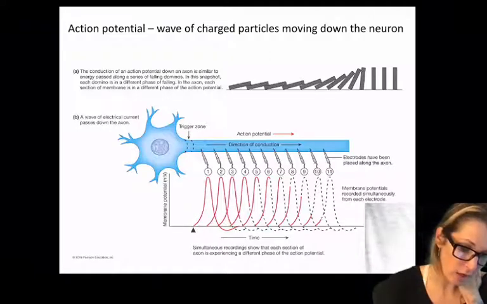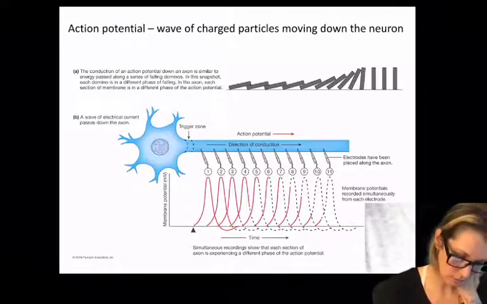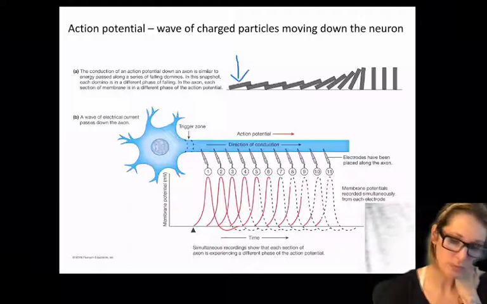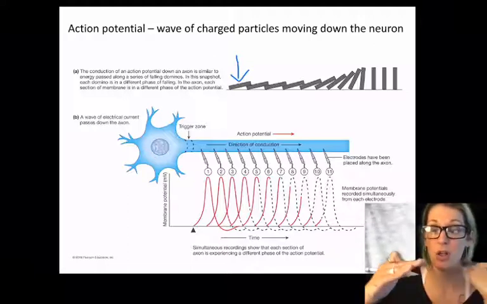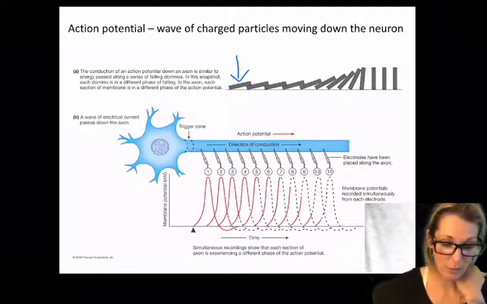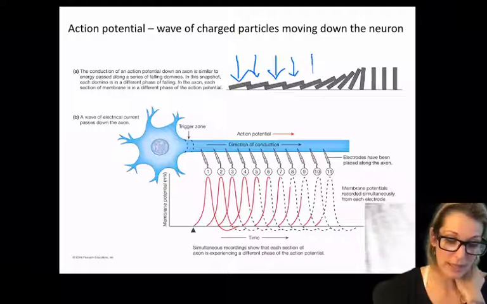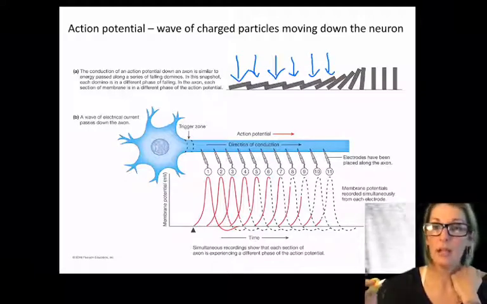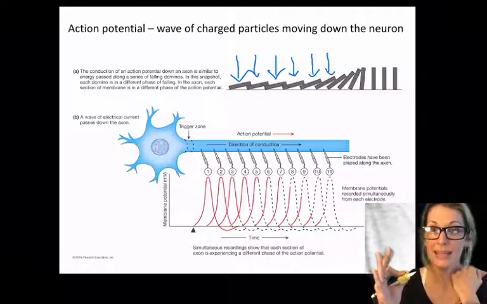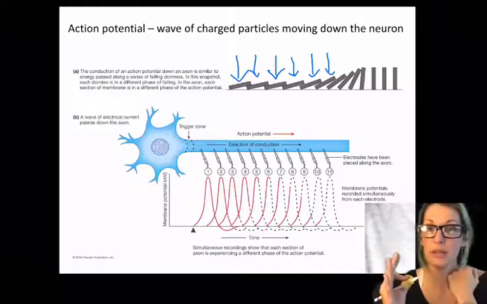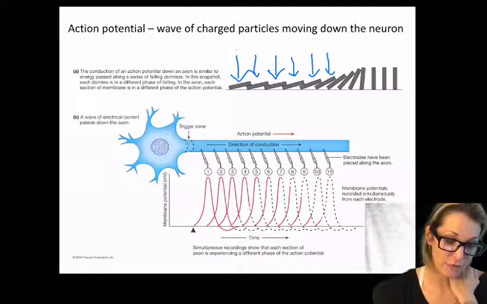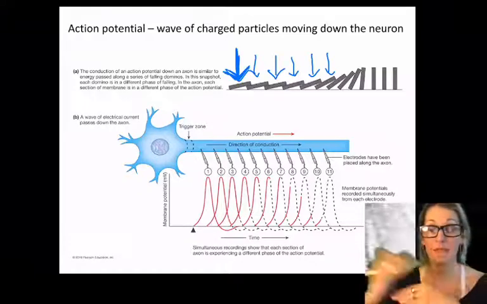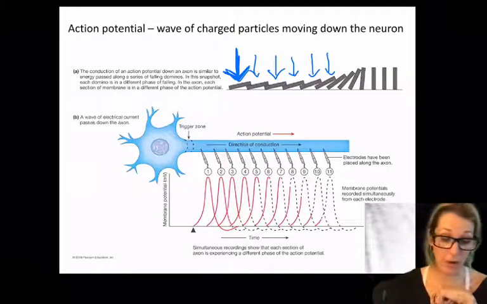So the first domino has to fall. It hits the second domino. Second domino falling hits the third domino, and all the way down the line. Reaching threshold at the axon hillock is this first domino falling. Once that first domino falls, they're all gonna fall.